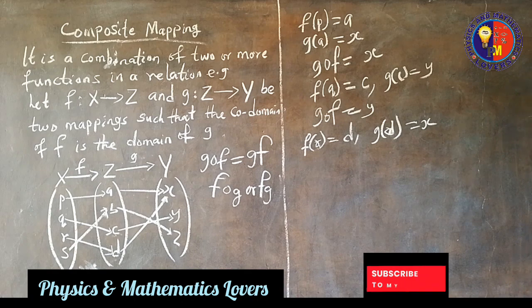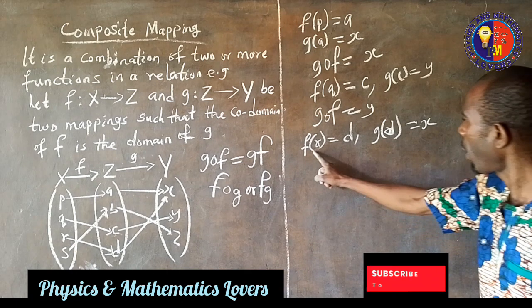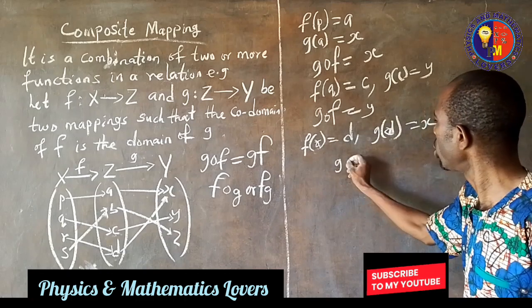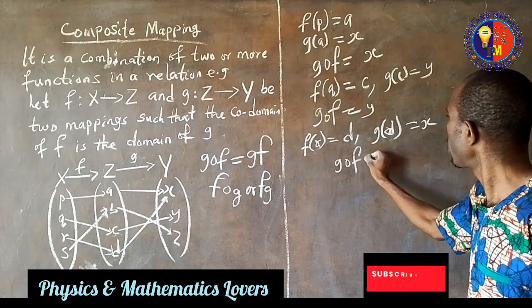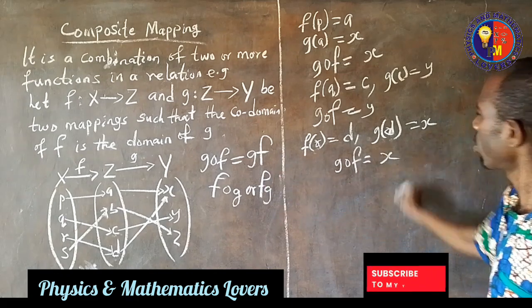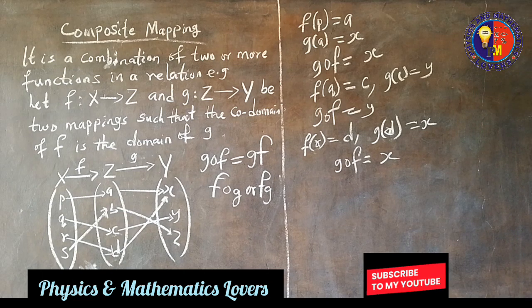Now, how do I get g o f? We're going to have g o f equal to x. Still x. This is how it is done.